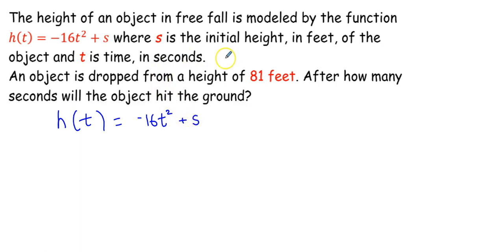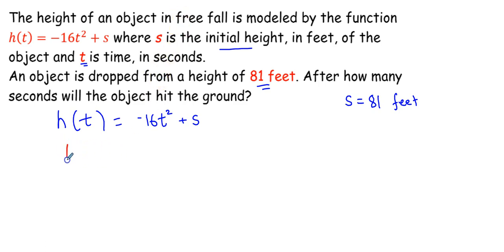Now s is the initial height and t is the time in seconds. What is the initial height they gave us in this problem? In this case, the initial height is 81 feet. So s is equal to 81 feet, and we will substitute that 81 in this function.